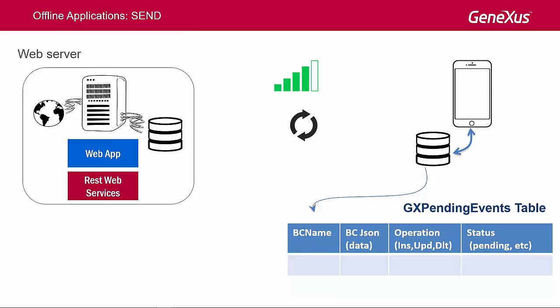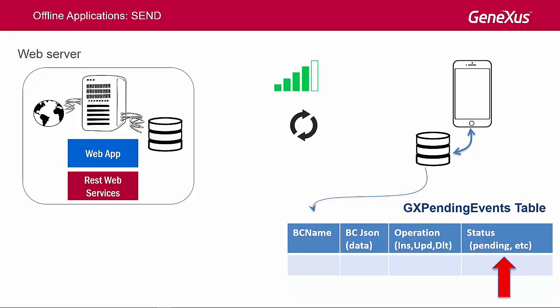The details stored include the name of the business component where the operation was executed, the business component JSON containing the event's data, the type of operation made, addition, deletion, or modification, and its status. Every time the device runs a business component, the event is stored and is left in pending synchronization status.